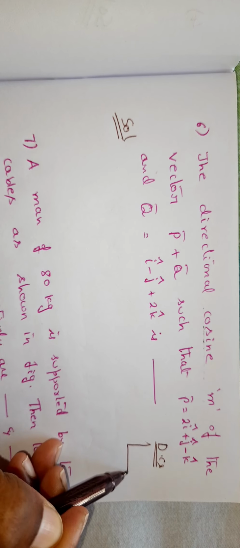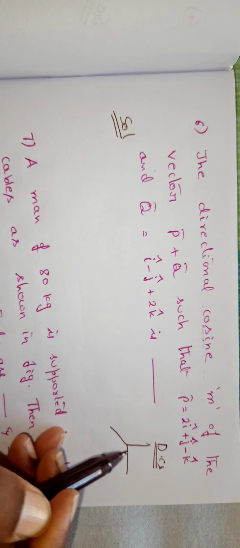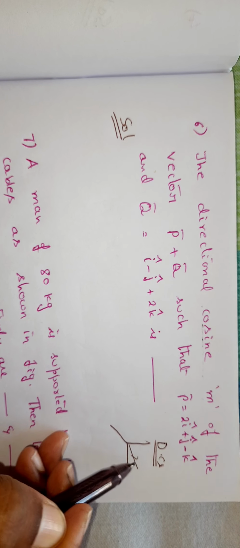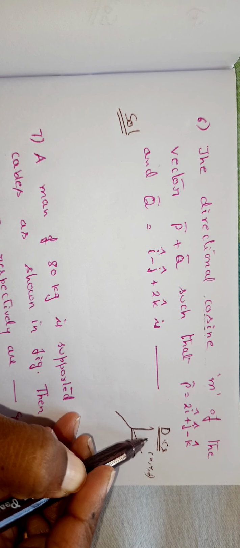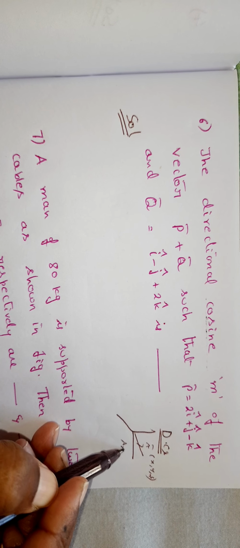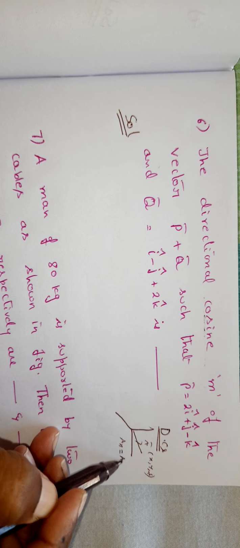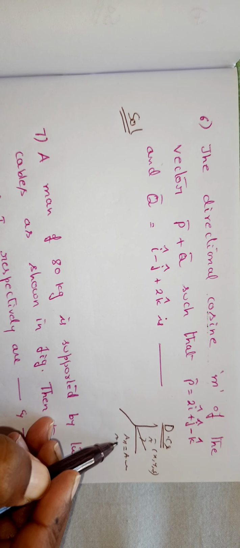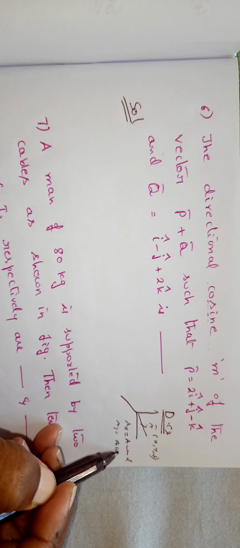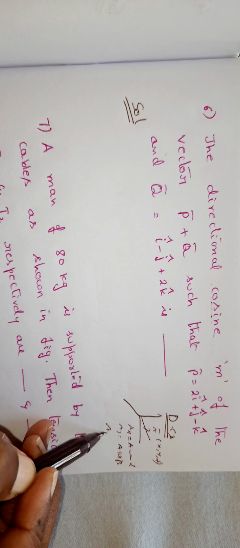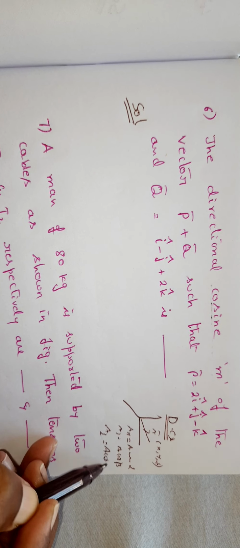See, in the Cartesian coordinate system, in 3 dimensions, when you are defining x, y, z components of a bar, ax is equal to a cos alpha, ay is equal to a cos beta, az is equal to a cos gamma.